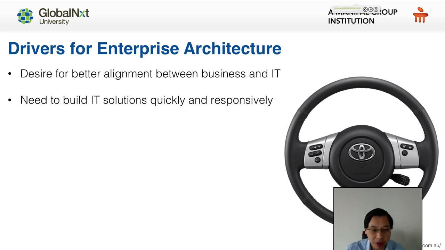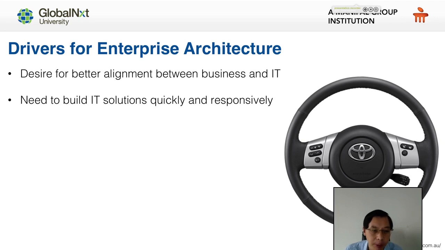Business changes all the time, and IT has got to respond quickly to those changes. And if you have an IT architecture that's spaghetti-like and convoluted, it's obviously going to be difficult for you to respond quickly to changes in your IT.